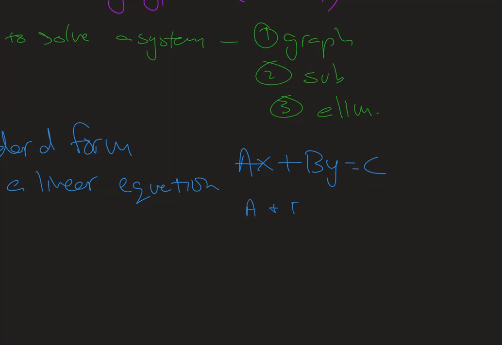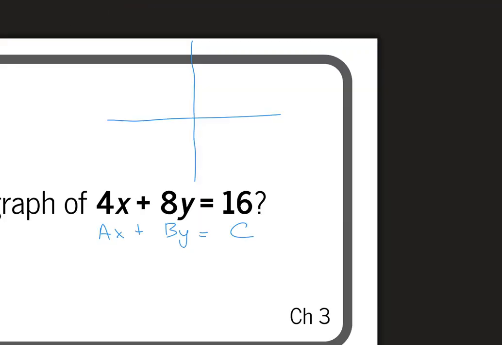A and b are going to be whole numbers, and you want a to be positive, generally speaking. So back to me saying I used to hate doing this, but now I have this little goofy way of doing it. I call it the slap, because this is good for finding x and y intercepts.